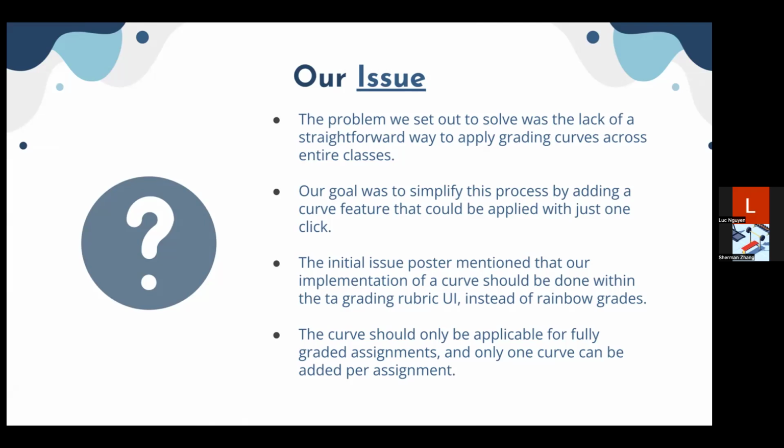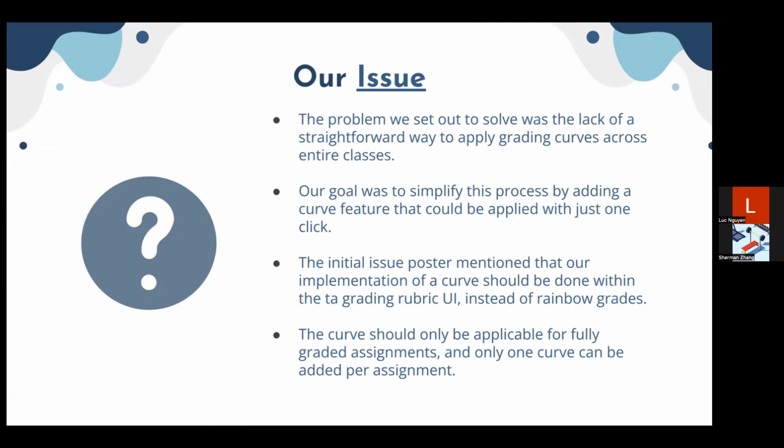The initial issue poster mentioned that the implementation of a curve should be done within a TA grading rubric UI instead of rainbow grades. This would make adding curves much simpler for instructors.